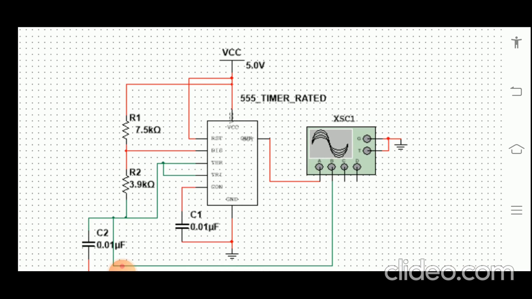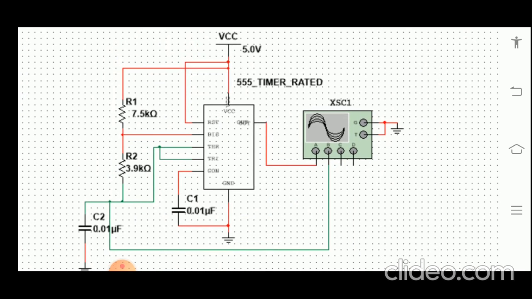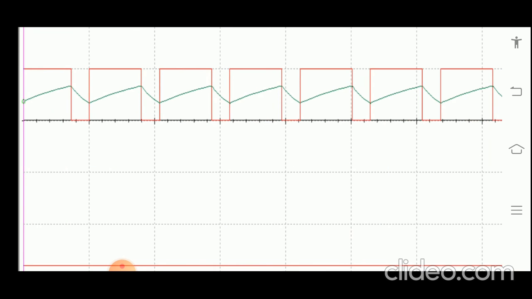When you construct this circuit as per the circuit diagram in our manual, we get the output like this. The red indicates your output voltage and the green indicates the voltage across your capacitor.